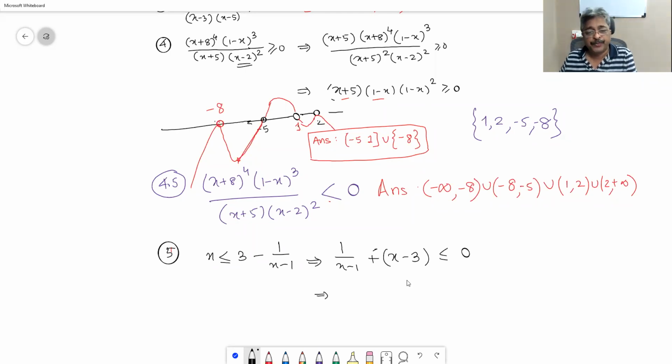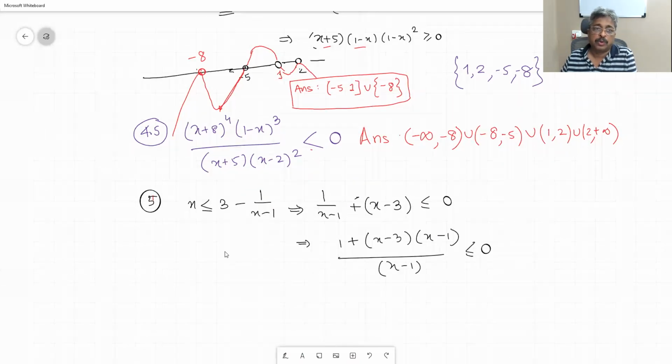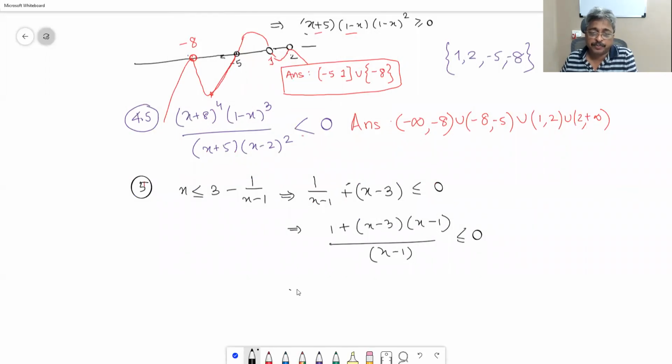That makes it 1 plus x minus 3 into x minus 1 upon x minus 1 less than or equal to 0. That makes it 1 plus x square minus 4x plus 3.